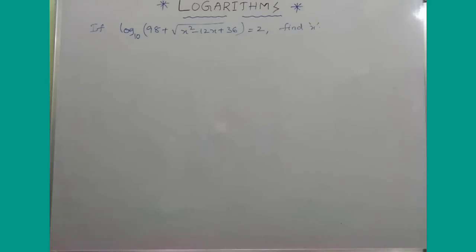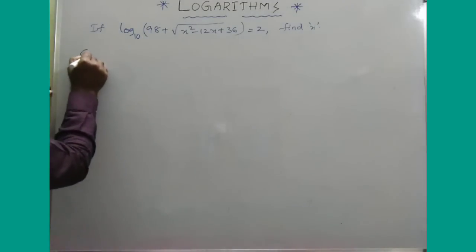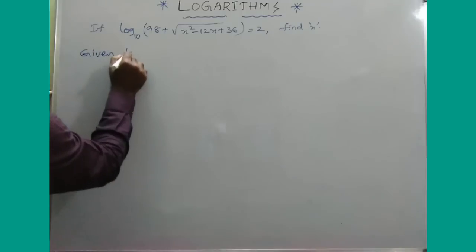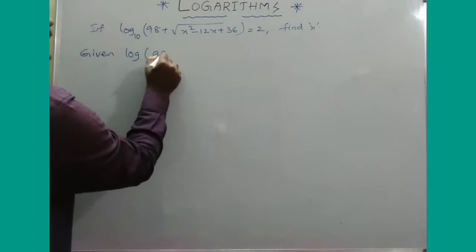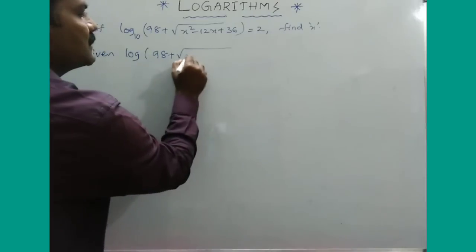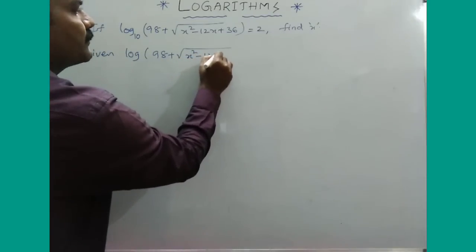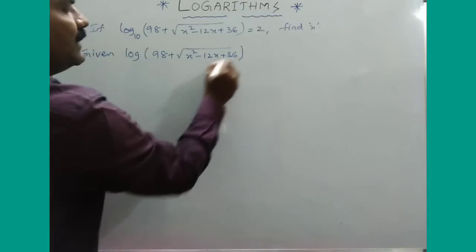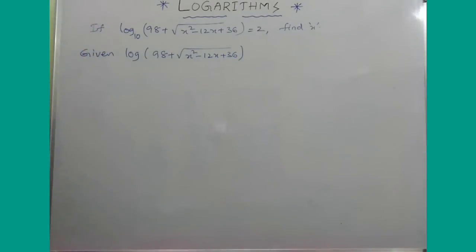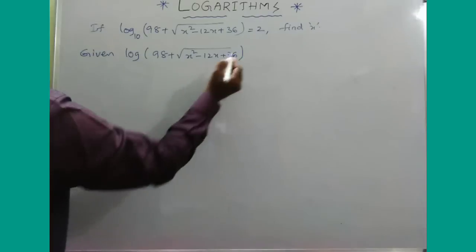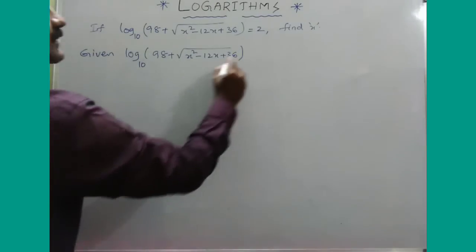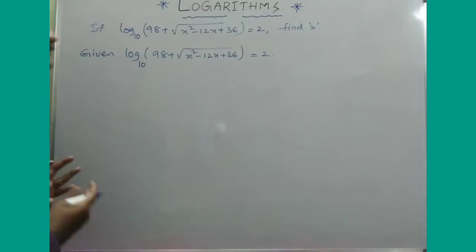So this is also just like the previous question. See, this is the given condition. What is given? Given log of 98 plus square root of x square minus 12x plus 36 to the base 10, which is equal to 2.